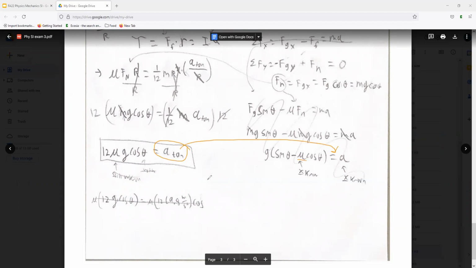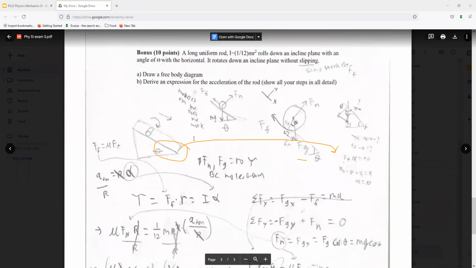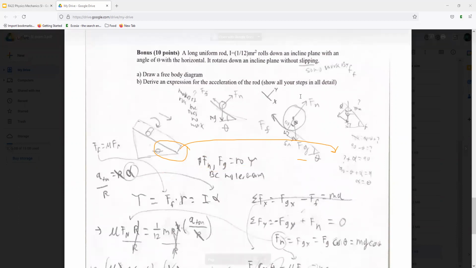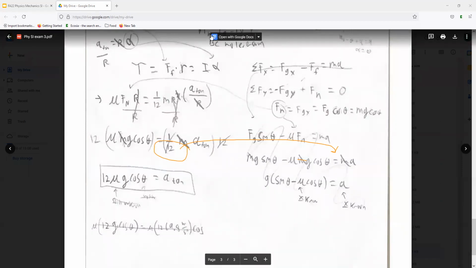Solve for mu or cancel it out. I don't think you actually had to solve it because there's a lot of things that were not known. So this is just your answer here. A tangent is equal to this. Or you could have done this.